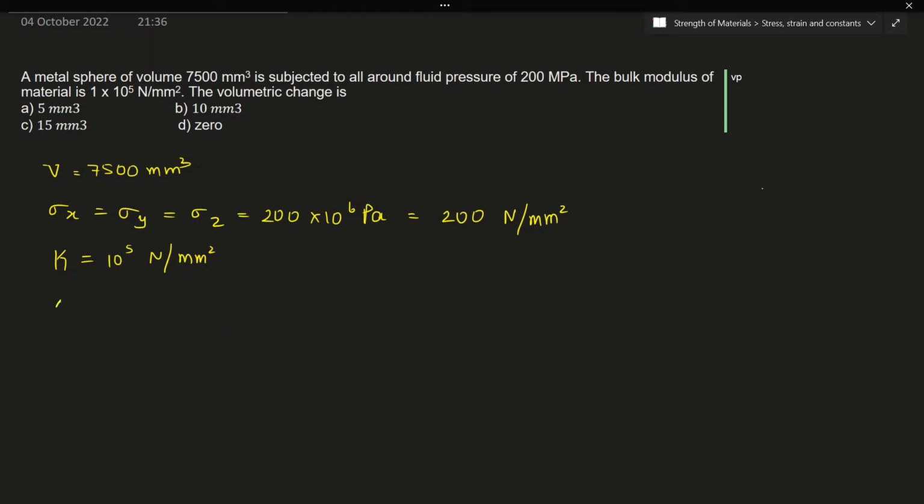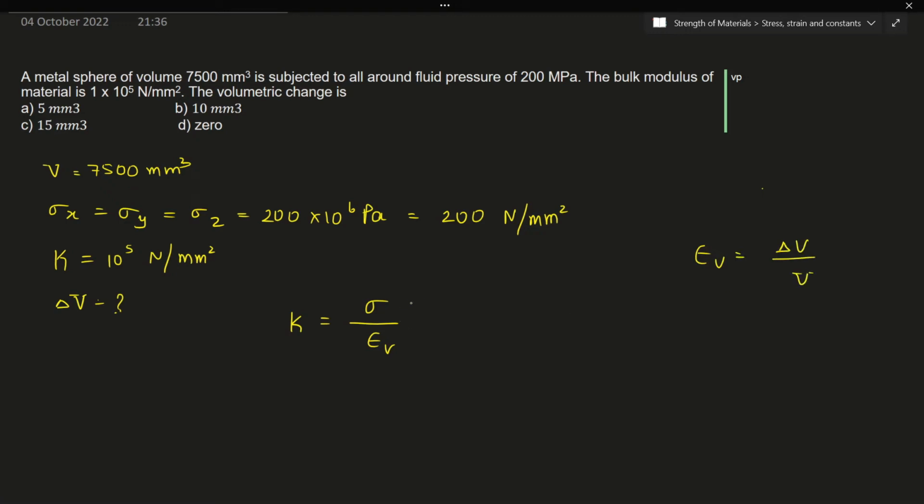So they've asked us to find out delta V. So here, let me just write down the formula for K. K is nothing but sigma divided by epsilon v. So stress divided by volumetric strain. So volumetric strain is again given by delta v divided by the original volume.